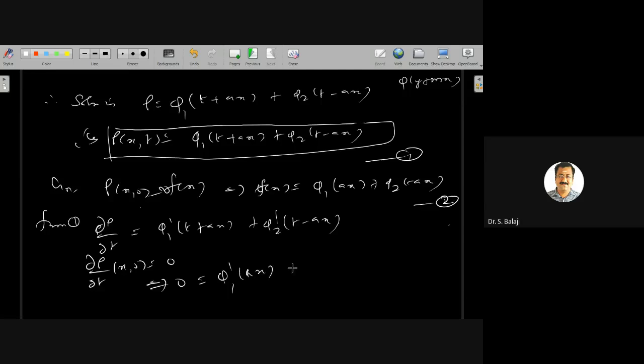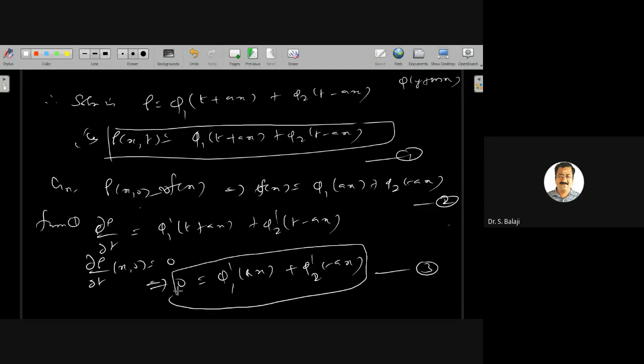Pi 1 dash ax plus pi 2 dash minus ax equal to 0. This is the third equation.